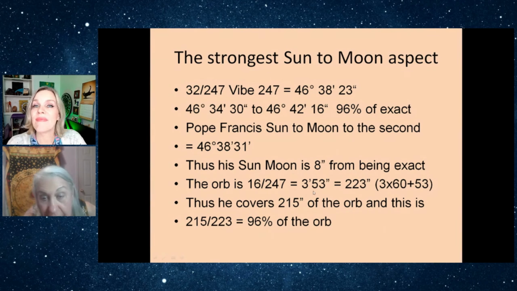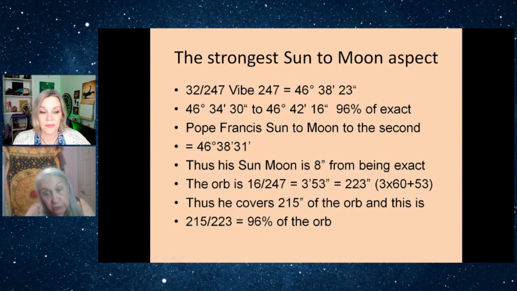So the orb is, remember that for the orb, you take the 16 for the conjunction in the natal chart, you divide it by the vibration. So that means that the orb for 247 is 3 minutes and 53 seconds, which if I convert that to seconds so we can compare it with the exact position, it's 3 times 60 plus 53.